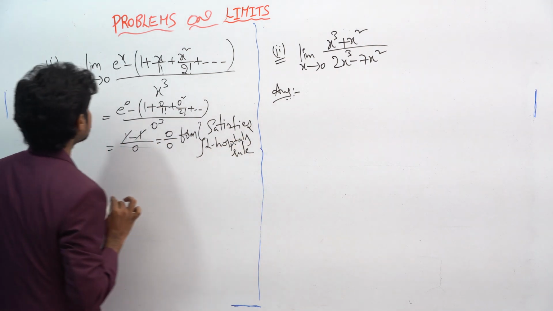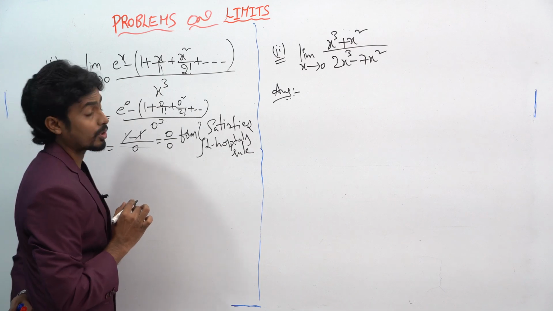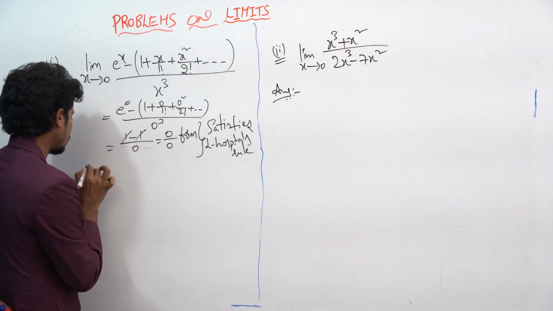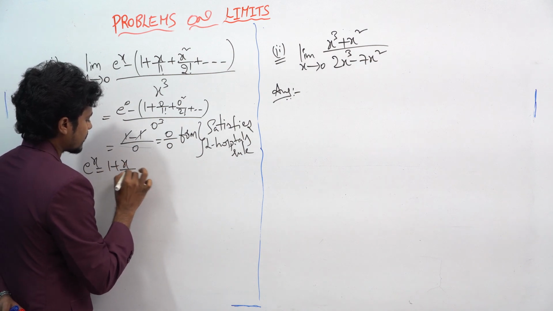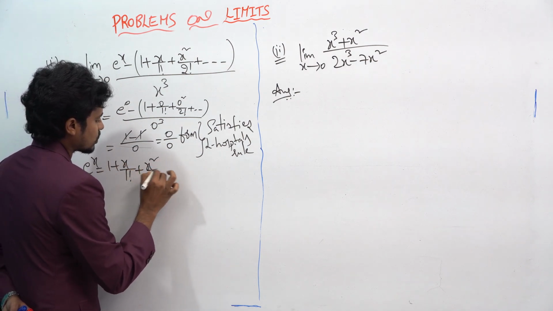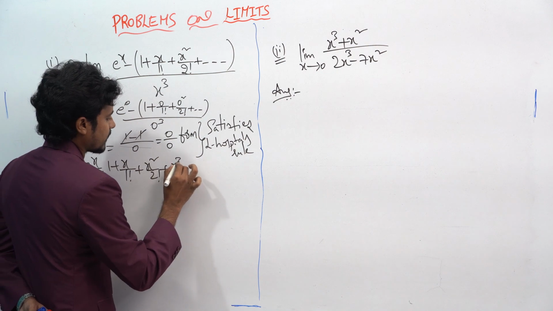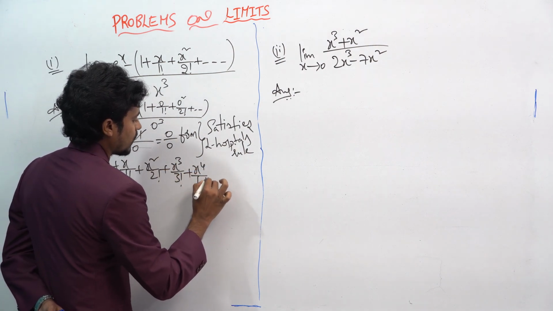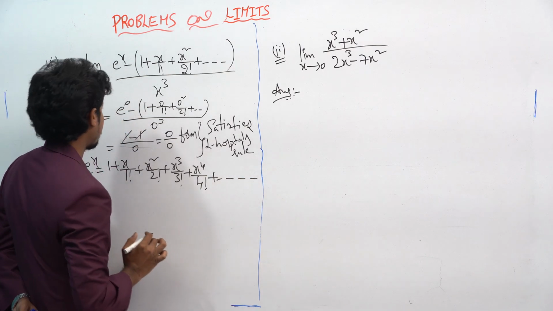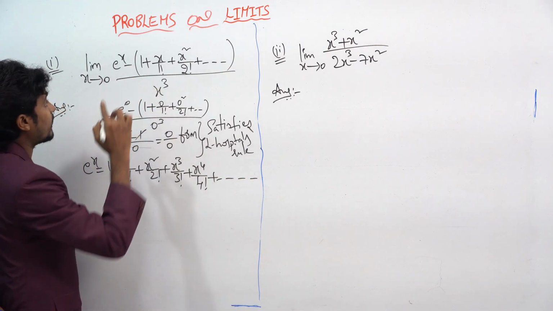Here you already know the formula for e power x. e power x is equal to 1 plus x by 1 factorial plus x square by 2 factorial plus x cube by 3 factorial plus x power 4 by 4 factorial plus so on. Substitute this formula directly here.